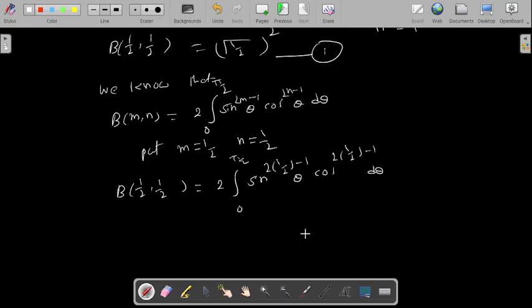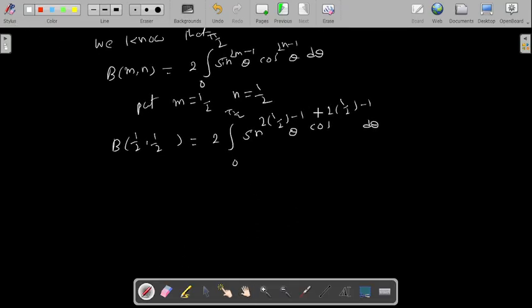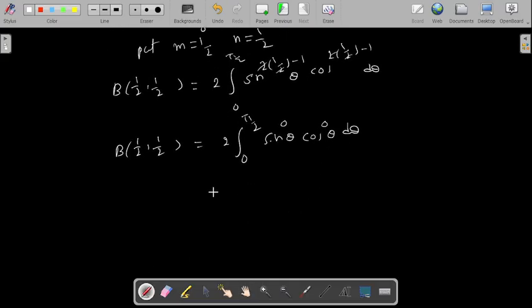cos power 2 into 1/2 minus 1 theta d theta. So now this 2 gets cancelled. Beta of 1/2 comma 1/2 equal to 2 into integral 0 to pi by 2 sin power 1 minus 1, that is sin power 0 theta, and cos power 1 minus 1, that is cos power 0 theta. Anything power 0 is 1.